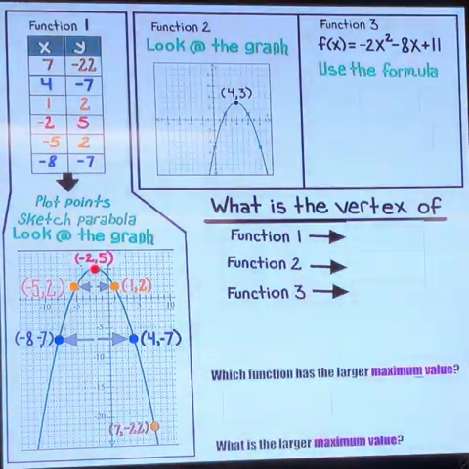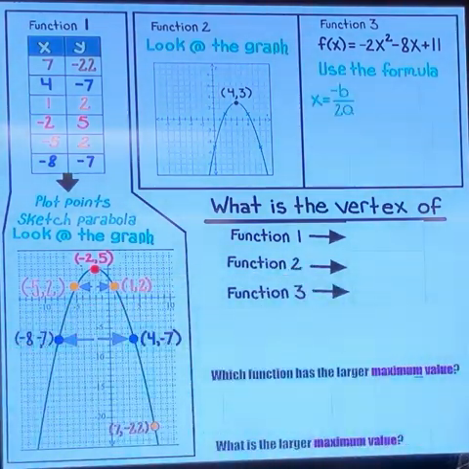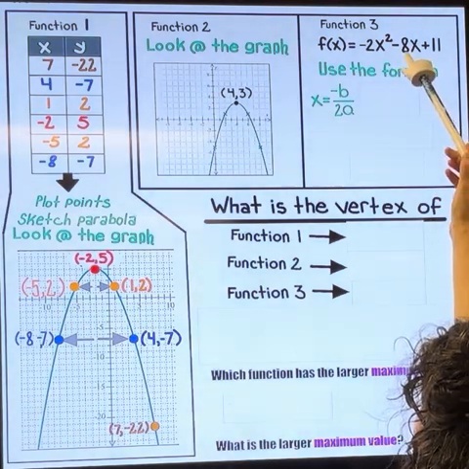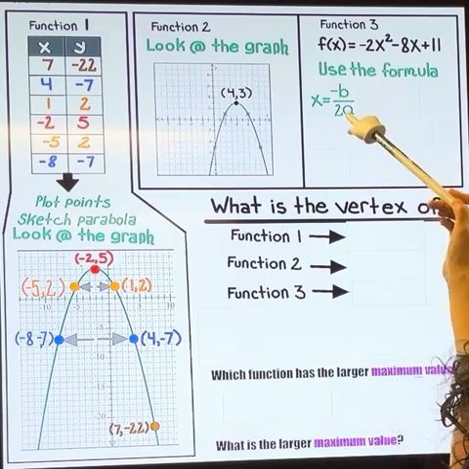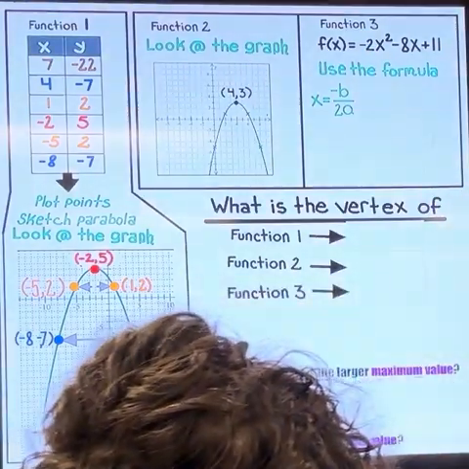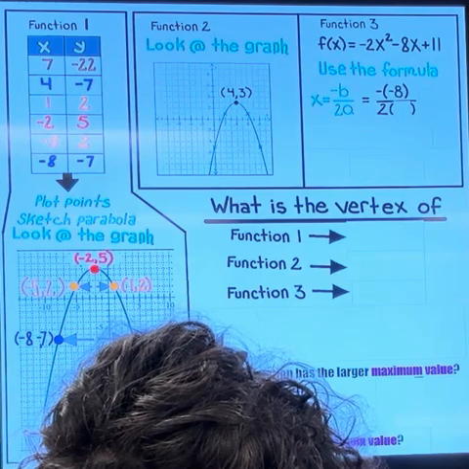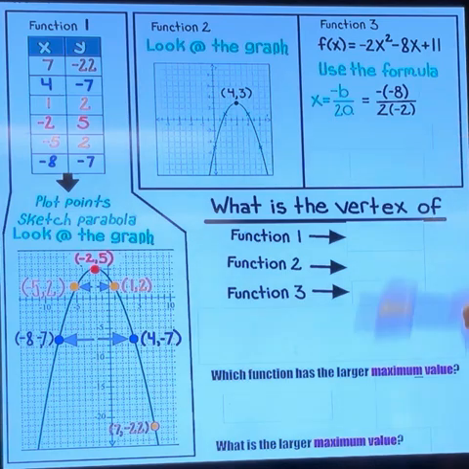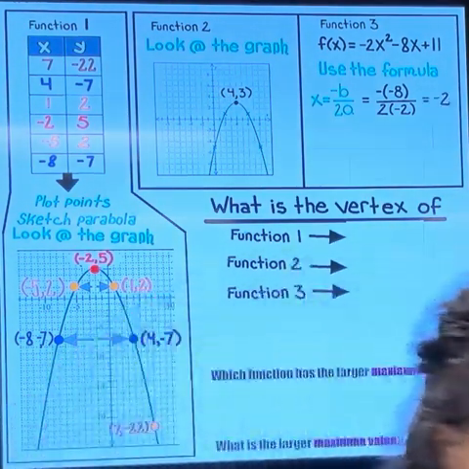The x-coordinate for a parabola is -b/2a. So my b there is -8, and my a is -2, so I want to substitute those in for a and b. When I make those substitutions, again, b is -8 and a is -2, I end up with +8 divided by -4, and that's -2.